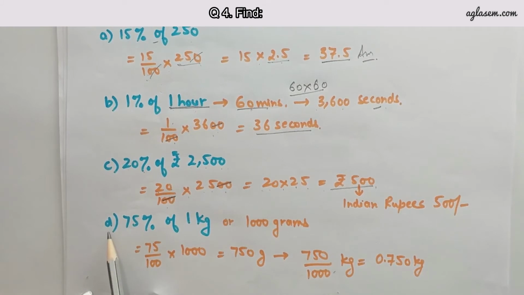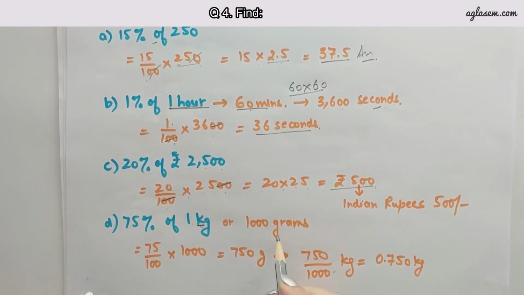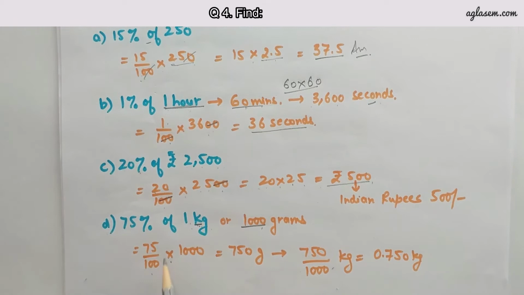Now moving on to the D part, we have 75% of 1 kg. Now when we get the values here, we have to convert into the lowest unit. So we know that 1 kg is equal to 1000 grams. So we have to evaluate this one. 75 into 100 into 1000.